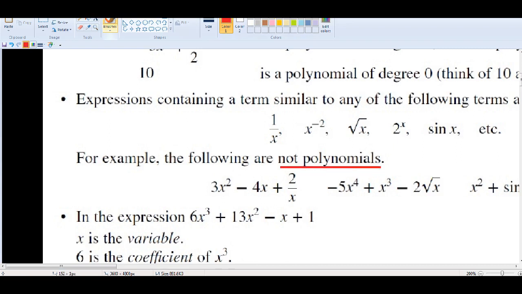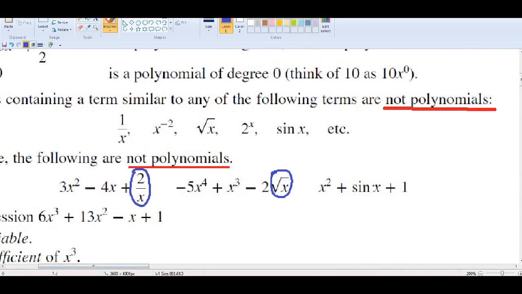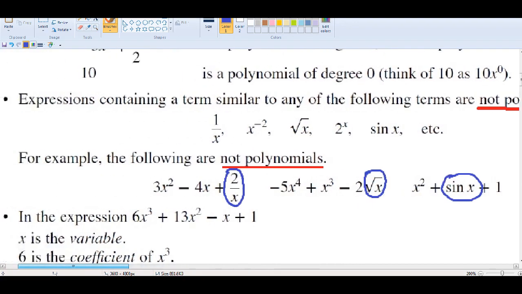For the first one, the problem is this: 2 over x. The x is on the denominator, so that's x to the power minus 1. For the second one, square root of x is not a qualified term for a polynomial. Sine x for the third one.